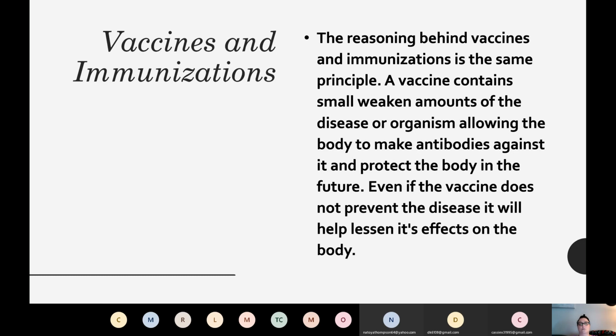So there are multiple ways. Most of the vaccines that we have are 99.9% effective, but there's that 1% chance that you could still possibly get the flu the year that you get the flu vaccine.